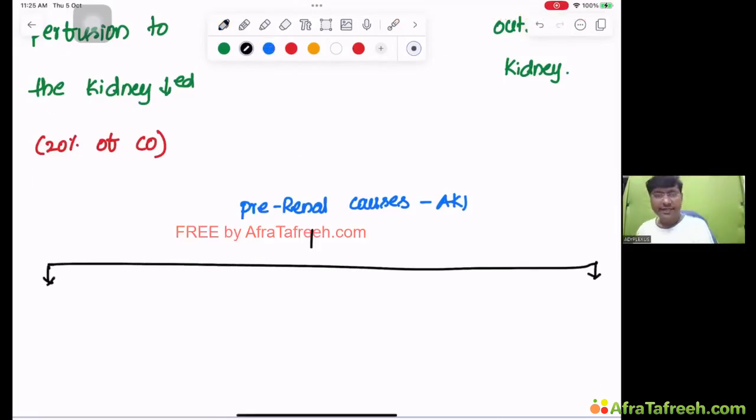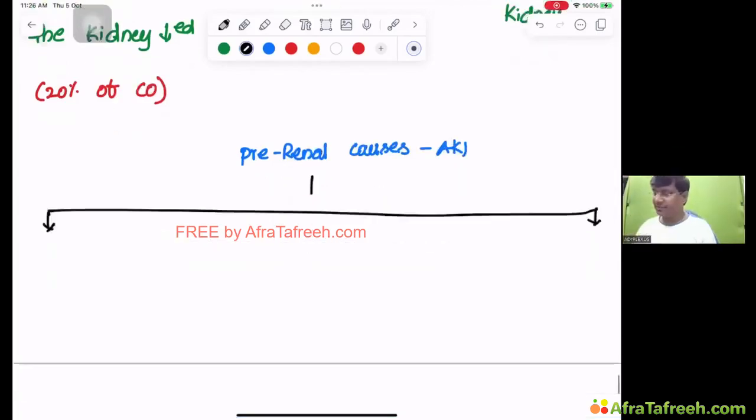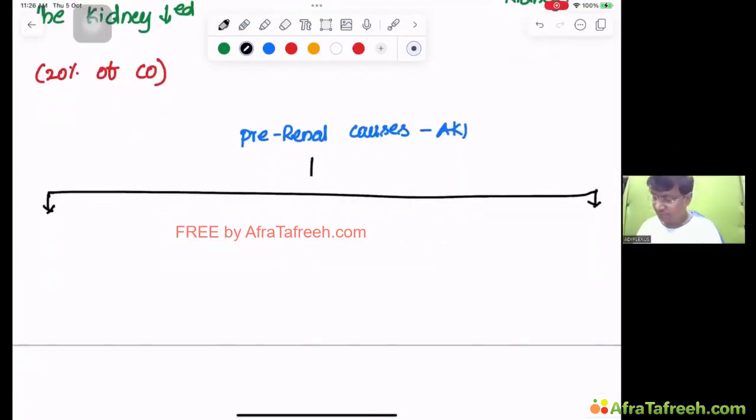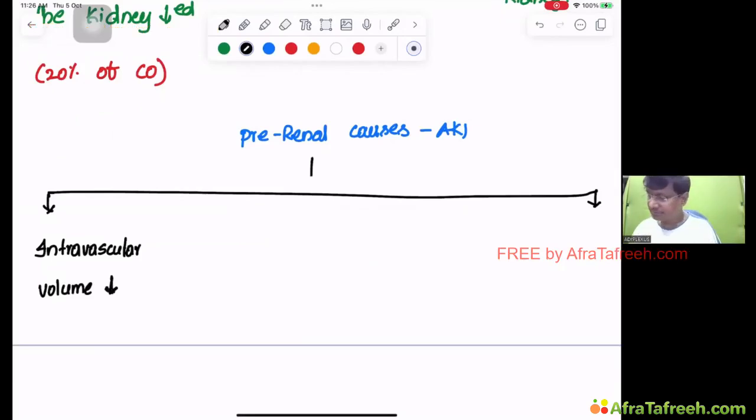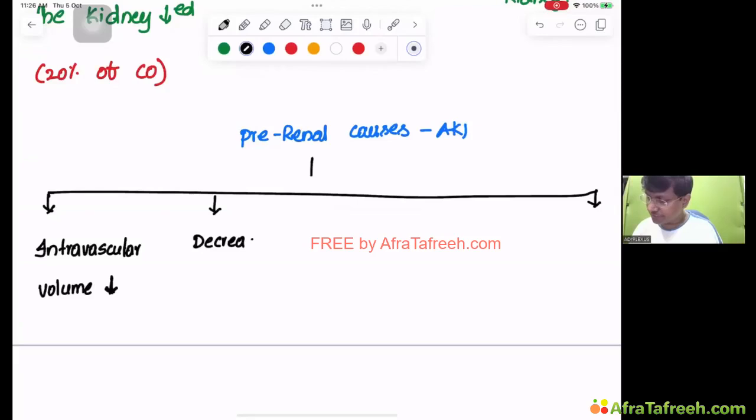Okay, right. Let me tell you all the etiologies. Number one, the pre-renal, it could be because of intravascular volume depletion. That is one important problem. Next is because of decreased cardiac output.